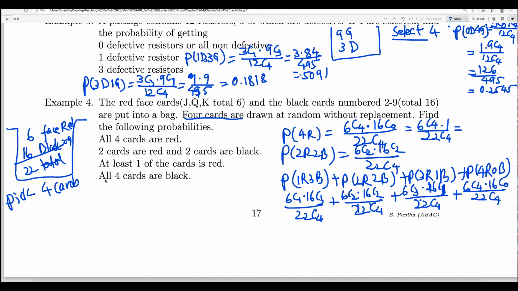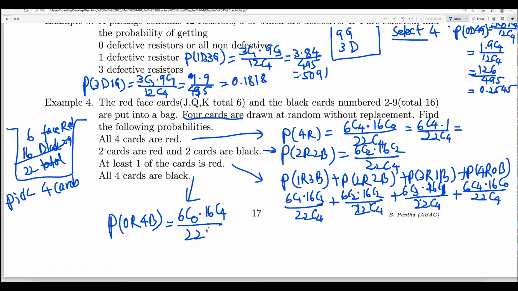The last one is all 4 cards are black. How do you do that? All 4 cards are black, meaning probability of 0 red and 4 black. That's what it means, right? So it is 6C0 times 16C4 divided by 22C4.